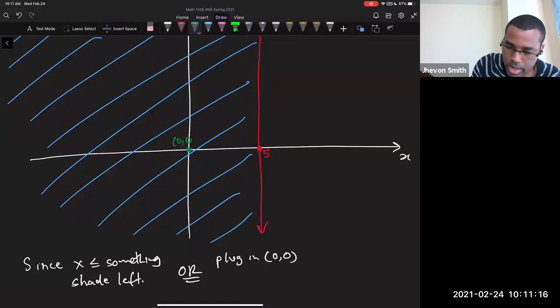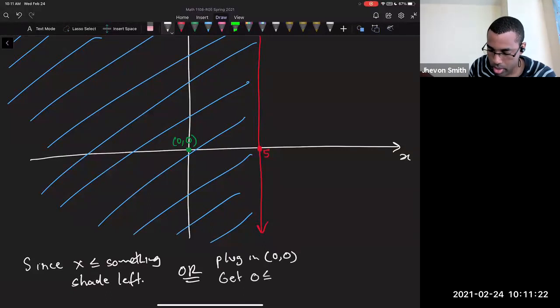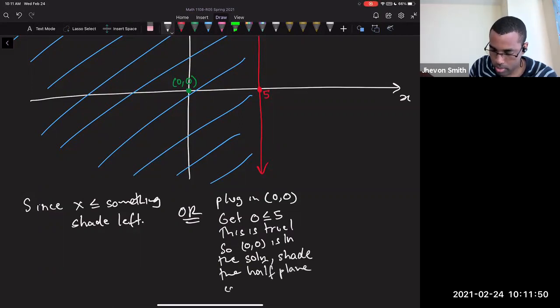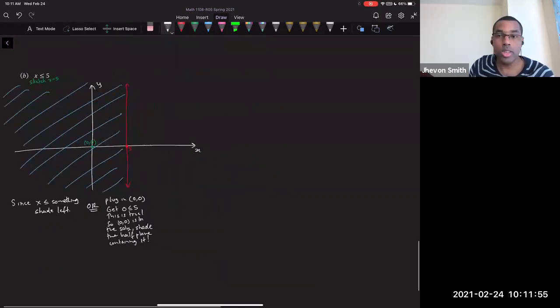Right? So that's this guy right here. And what you would get, 0 is less than or equal to 5. This is true. So 0, 0 is in the solution. Shade the half plane containing it. Right? Either way, you get that.